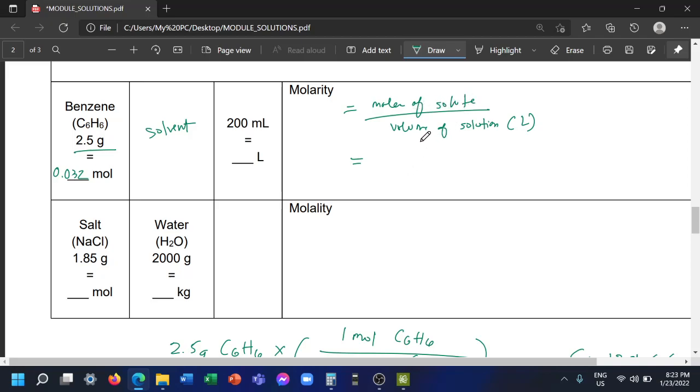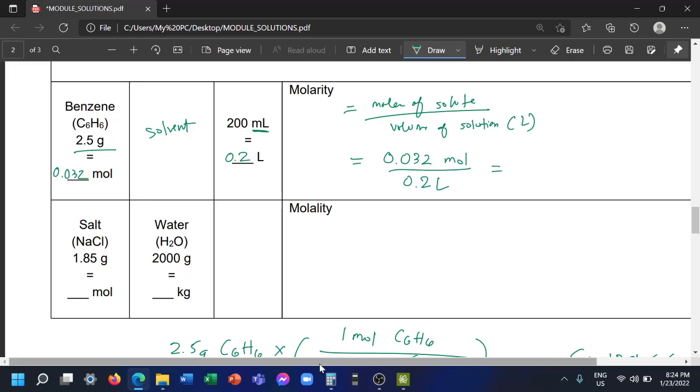Next, we need to find out the volume of the solution. It's over here, but here it's in ml, so we need to convert this one to liters. And obviously 200 ml is equal to 0.2 liters. And now we're ready to calculate the molarity of the solution. The number of moles of solute is 0.032 moles over the volume, which is 0.2 liters.